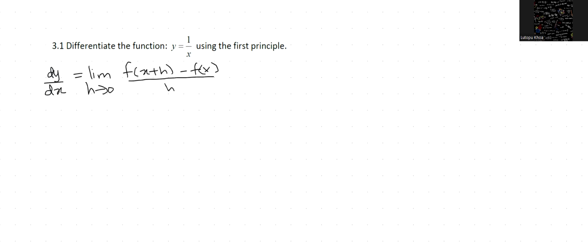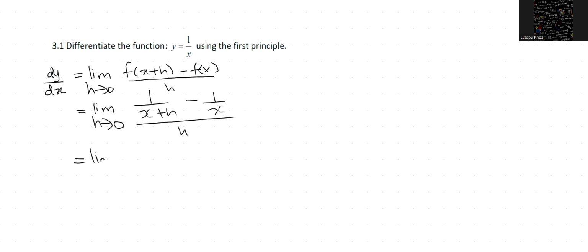So where I have x, I replace that with x plus h, minus 1 over x, over h. Adding these two fractions, we have x minus x plus h over x times x plus h. This is divided by h.